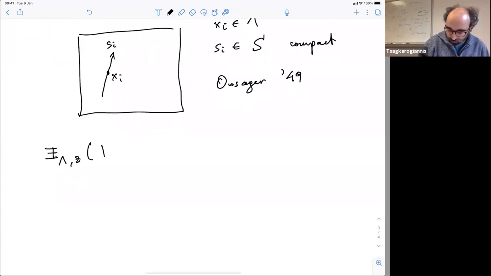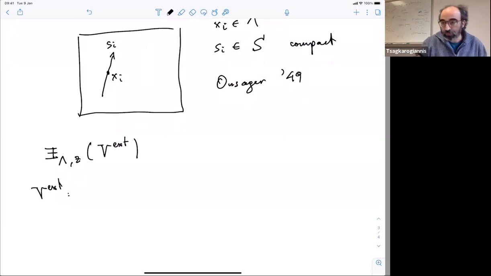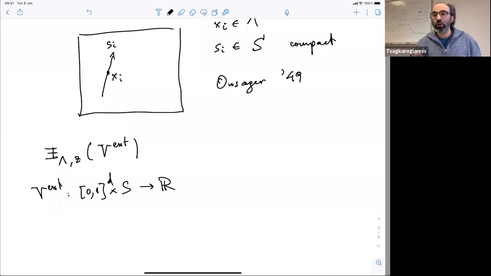And this function, I call it as an external field, is a function p external, which is a function from my space, whatever my space is, 0, 1, b times s into. Right, so I'm having 0, 1, b, the space of the particles, and s is the orientation.